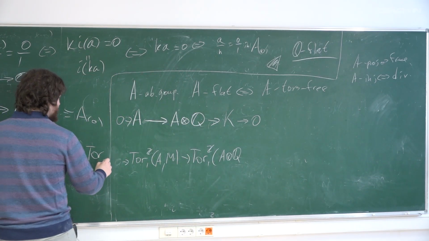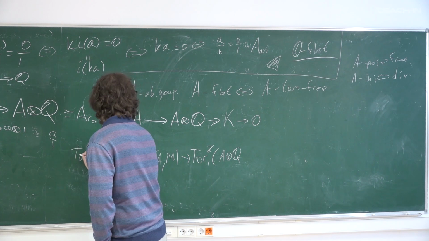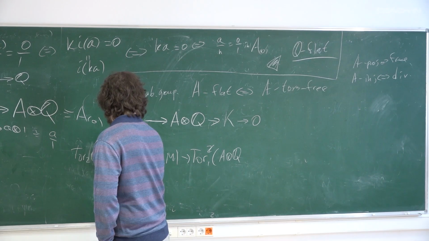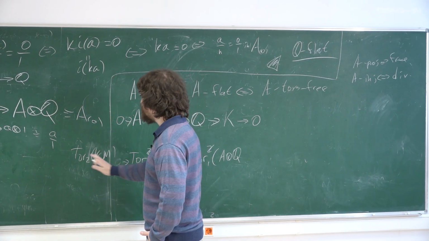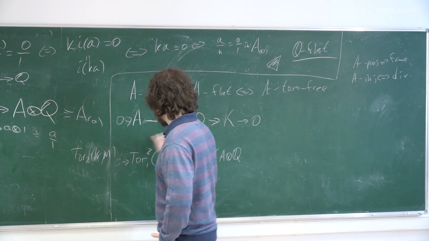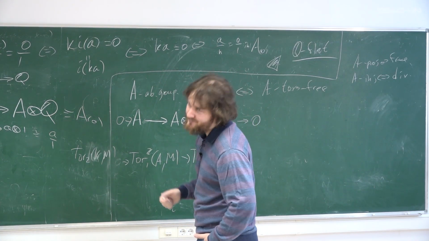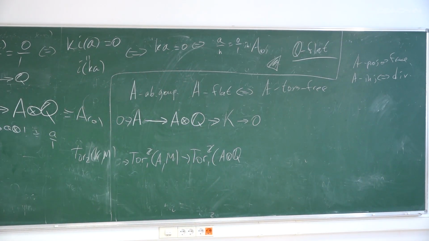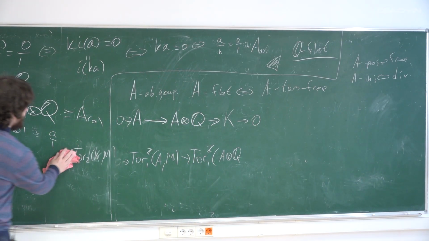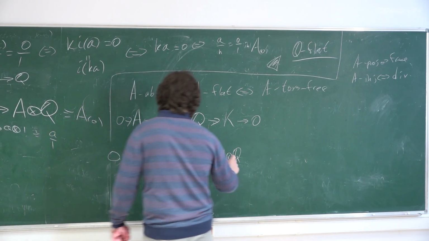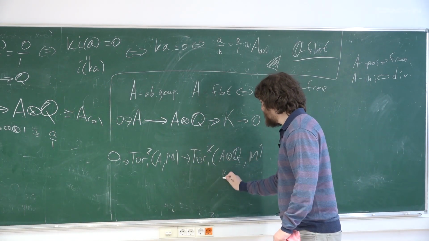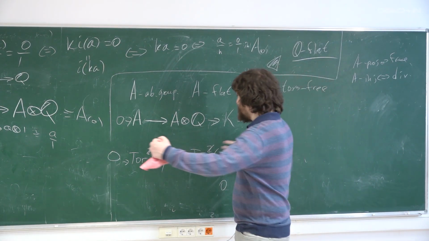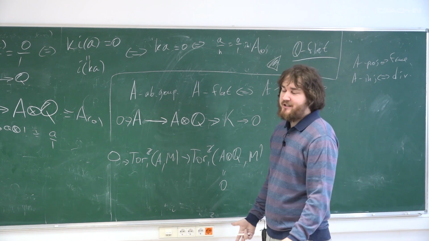You're right that in general we have Tor second, and we absolutely don't know what it is in general, because it's some quotient. But for abelian groups, we know that all higher Tors are 0. So we have 0 here, and this is also 0 because it's flat. So it's between two zeros in a short exact sequence.